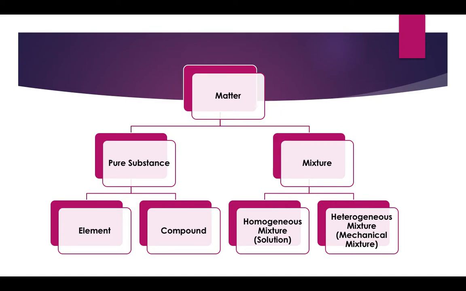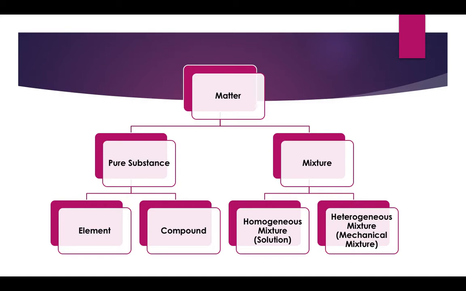So we can take our pure substance and break that down again. We have two types of pure substances. We have one called an element, and that's when we took a look at all the different elements out there. There's the periodic table of elements just up on the board there. We have a ton of different elements.